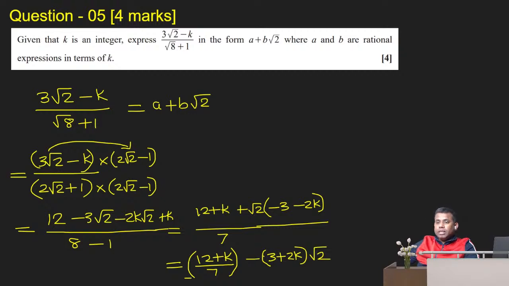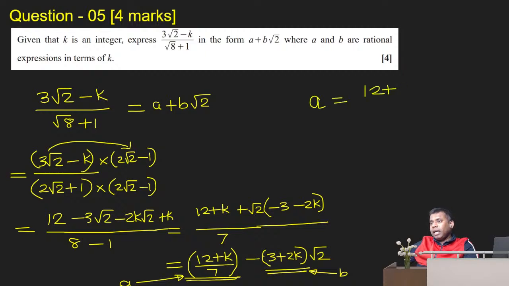So this answer is my a, and this is my b. So you can clearly write a equals (12 plus k) over 7 and b equals minus (3 plus 2k) over 7. So those are the two answers in the format of a plus b root 2, right?